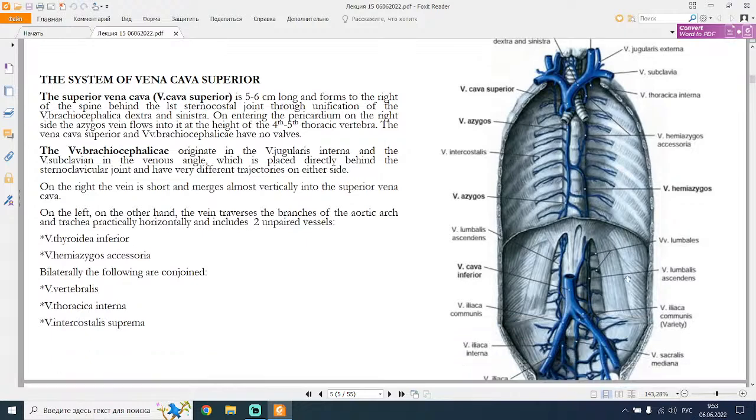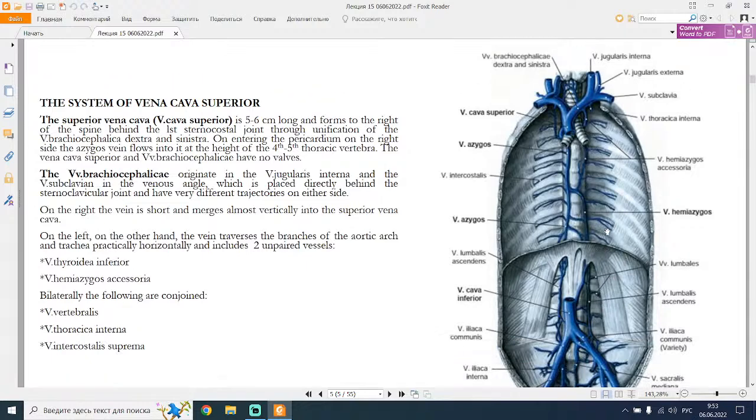So, the system of vena cava superior. Vena cava superior is 5-6 centimeters long and forms to the right of the spine behind the sternocostal joint through the unification of the vena brachiocephalica dextra et sinistra.